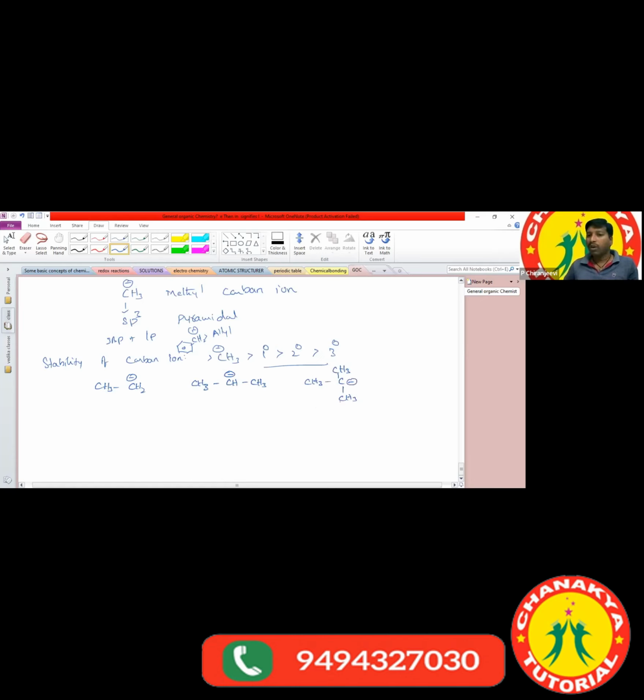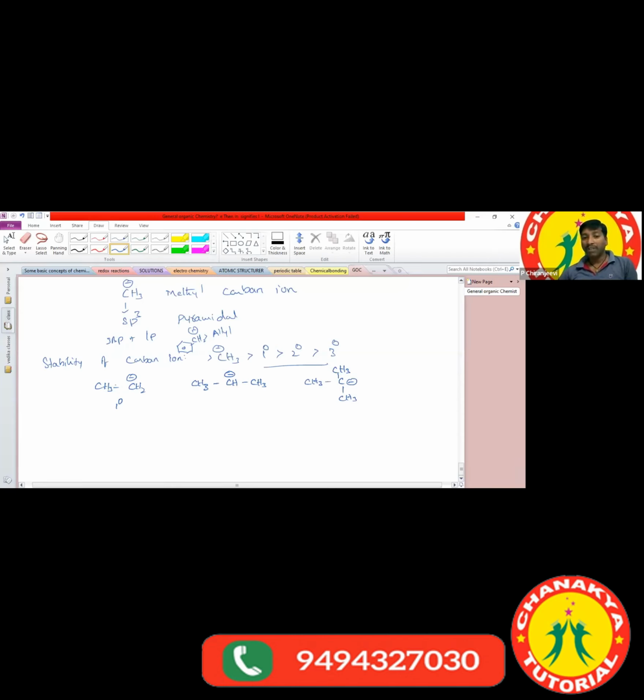Okay, now you can check here. Which one is called a primary carbanion? This one is called primary. Sir, why do you call it a primary carbanion? The charged carbon which is attached to only one neighboring carbon is called a primary carbon.